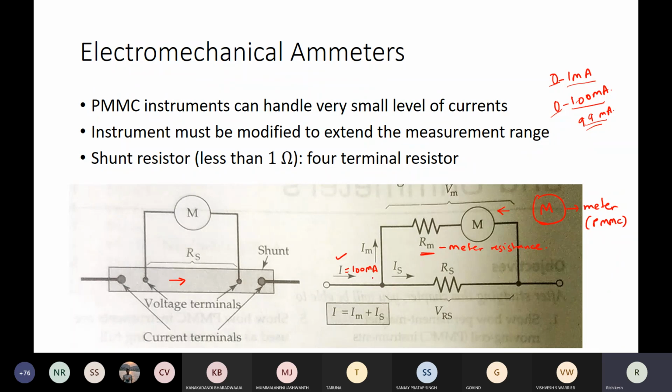So for 100 milliampere, only 1 milliampere I want to allow to flow through the meter. The rest of the 99 milliampere will flow through the shunt resistance. So RS is the shunt resistance.